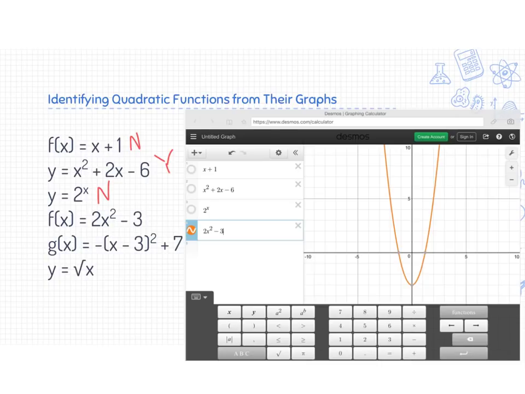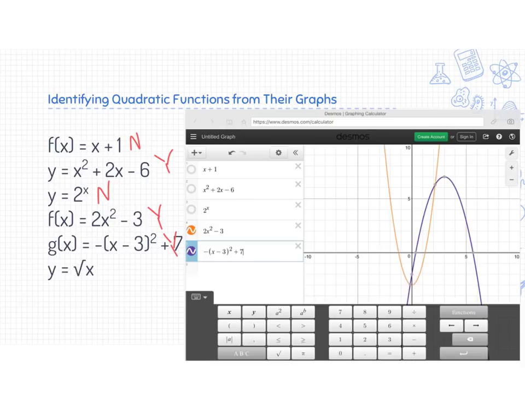You can see there we get a nice parabola shape on that one. So that would be a yes. And then our next one is negative (x minus 3) squared plus 7. This time we get a concave down parabola. So that one also is a yes.